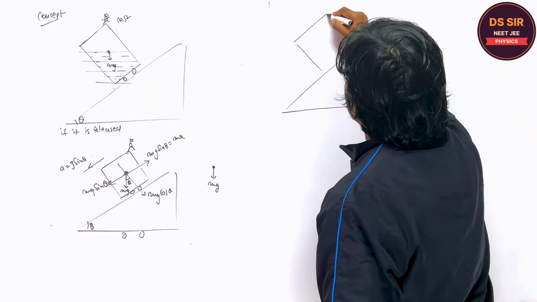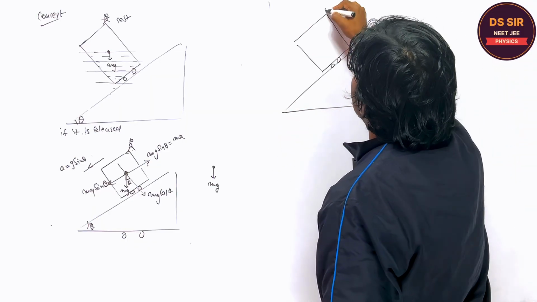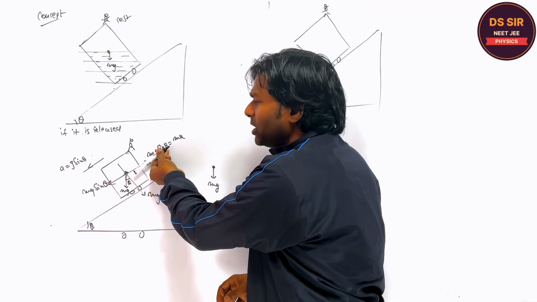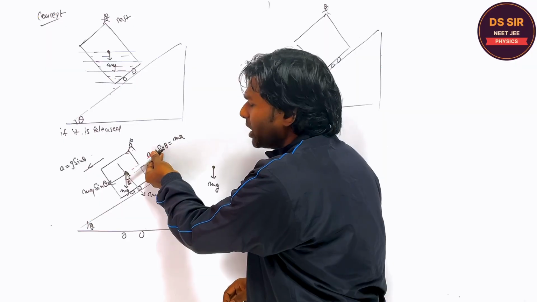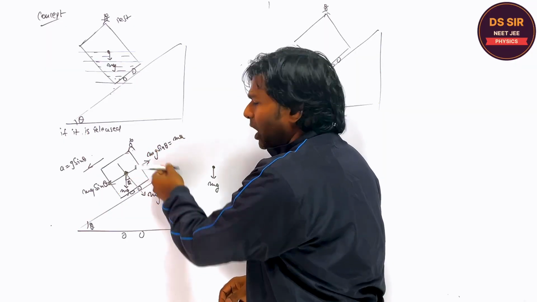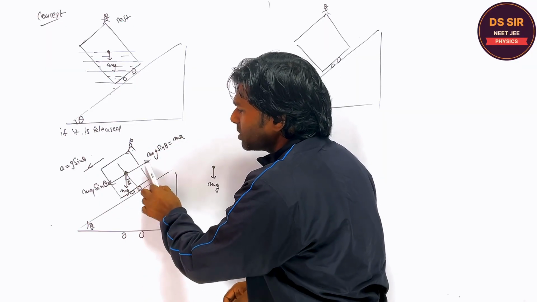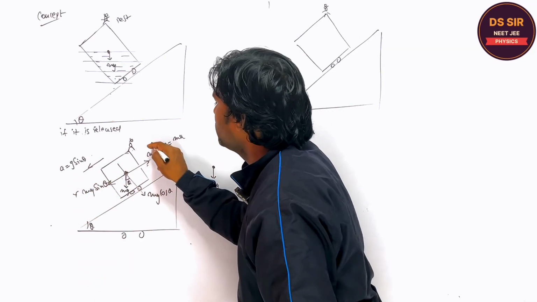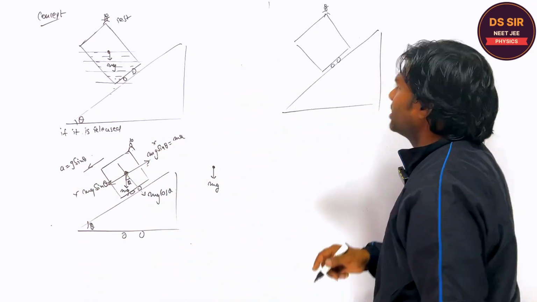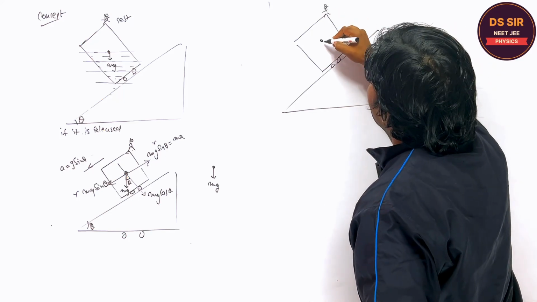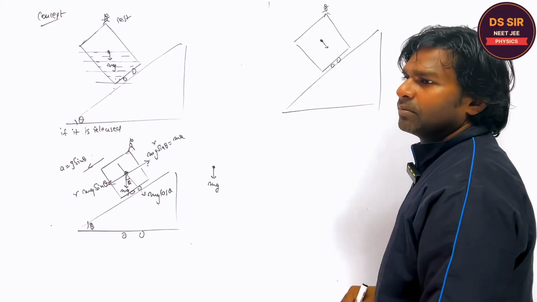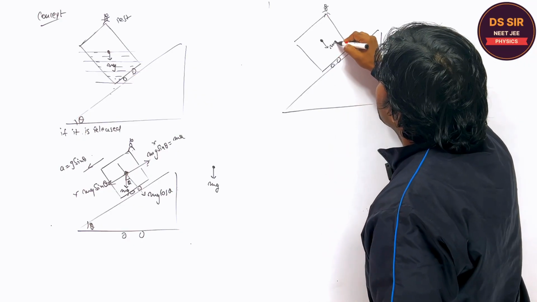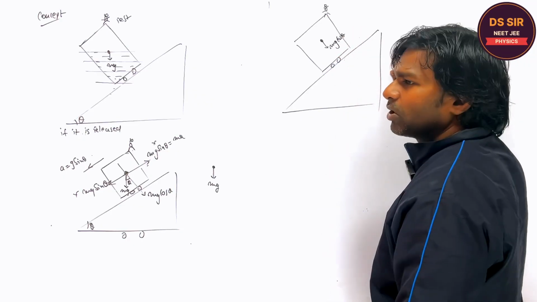You are sitting over here, mg sine theta and ma act. What is the resultant of these two forces? Mg sine theta and mg sine theta will cancel out. So with respect to this, only one force is acting in this direction. And what is the force? Say mg cos theta. Is it clear or not?